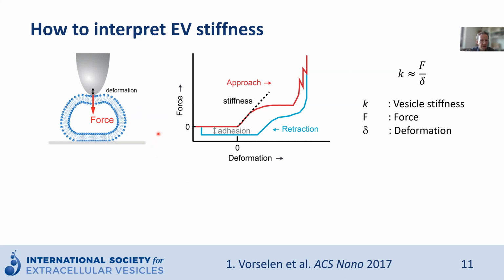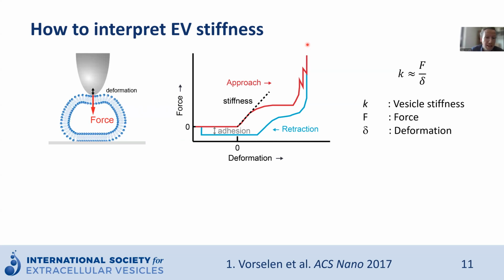In red, we can see that the force is initially zero while we lower the AFM tip. But then when we, for the first time, touch the surface, the force starts to increase. And at a deeper indentation, we see flattening of the force distance curve in this case. Then, just before we hit the glass surface, which we can see here at the end, we see two small discontinuities.